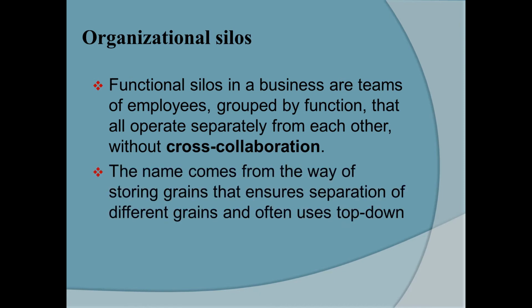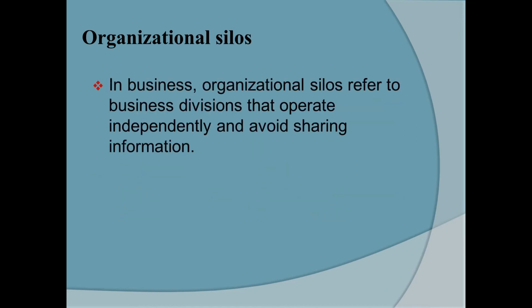So the name comes from the way of storing grains that ensures separation of different grains and often uses top down. In business, organizational silos refer to business divisions that operate independently and avoid sharing information.